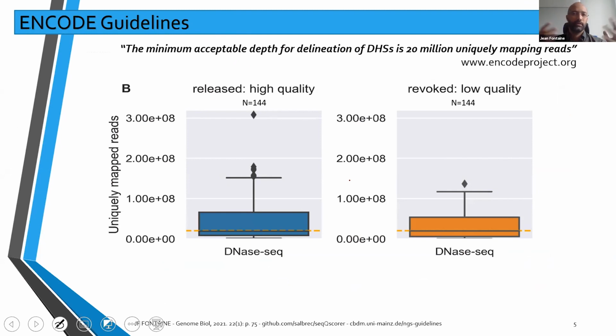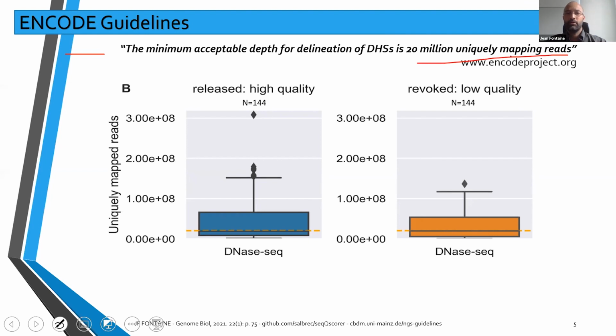And out of this information, as the analyst, the bioinformatician, or the computational biologist, you may extract such a sentence: the minimum acceptable depth for delineation of DHS, so DNase-seq, is 20 million uniquely mapping reads. So here we see the plots showing an analysis of mine.